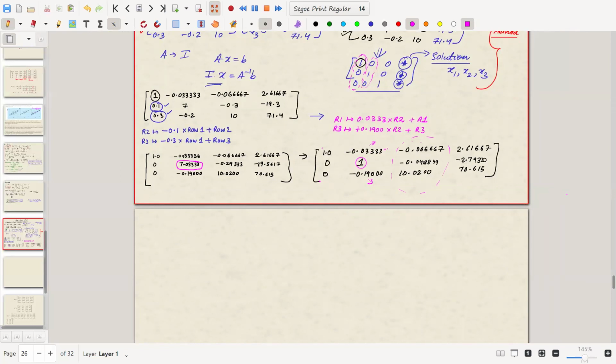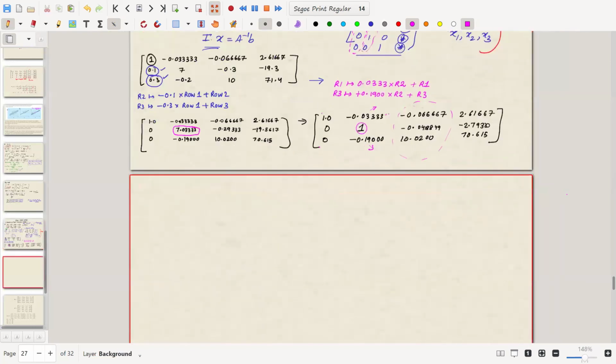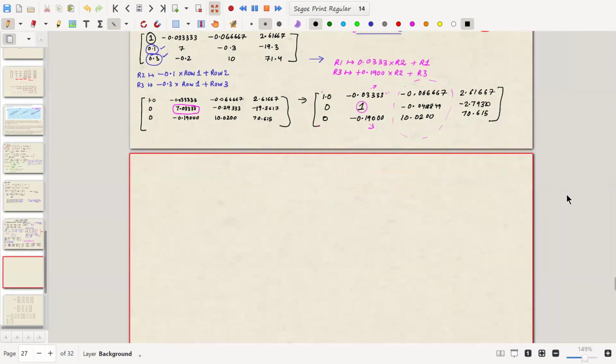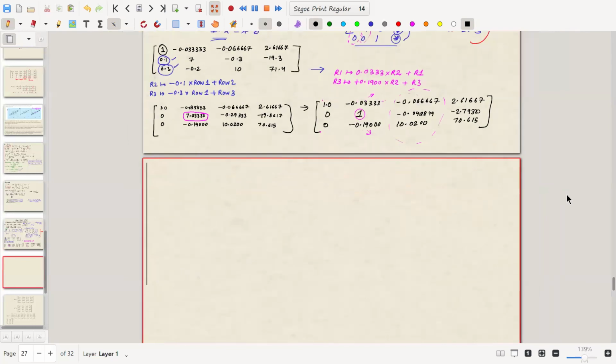Got the idea? So if you do the calculation, I think if someone might have done already, you will get this matrix.